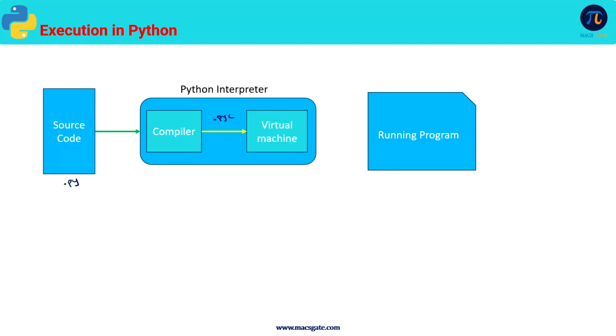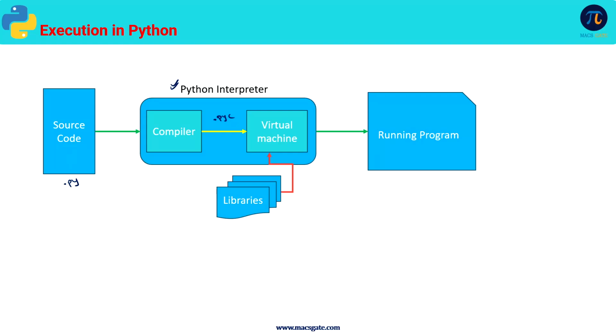The virtual machine in the Python interpreter then executes the bytecode by linking the functions such as printf, etc. in library modules and interpreting it line by line. So here the Python interpreter is responsible for bytecode compilation, for loading and executing bytecode, managing memory, and providing other services to Python programs.